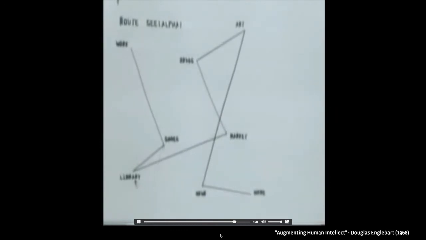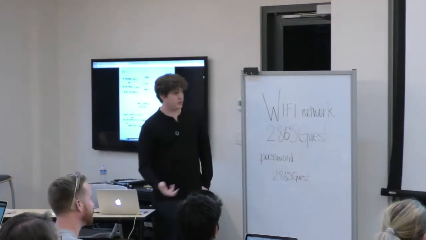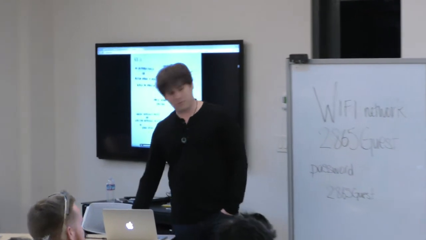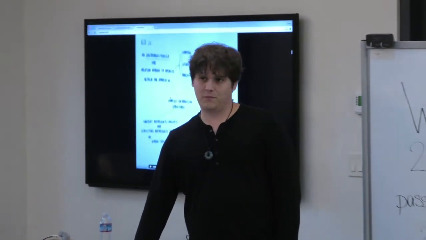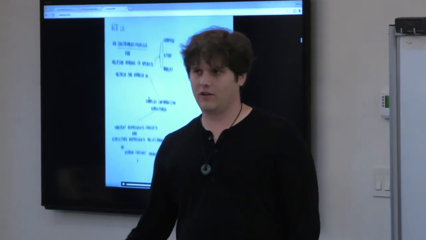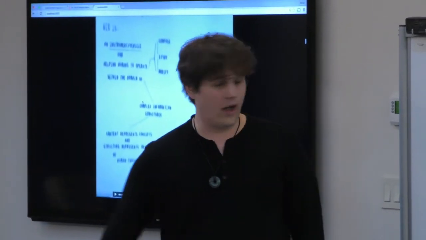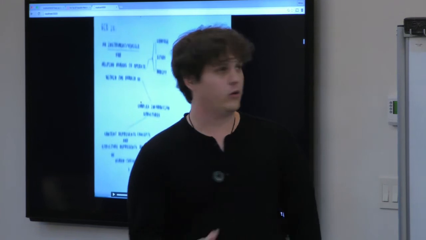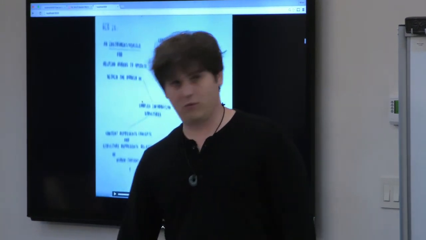So the graphical user interface had this as a basis of interacting with the information. It wasn't just lists of things or tables. It had deeply rich visual information that you could represent.